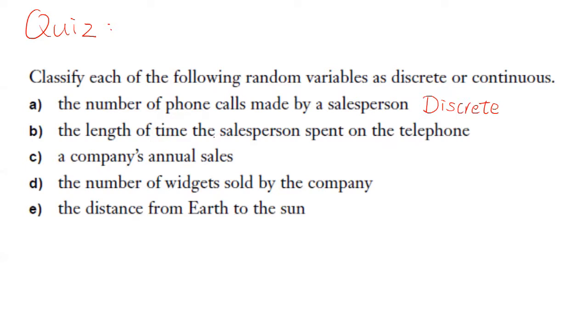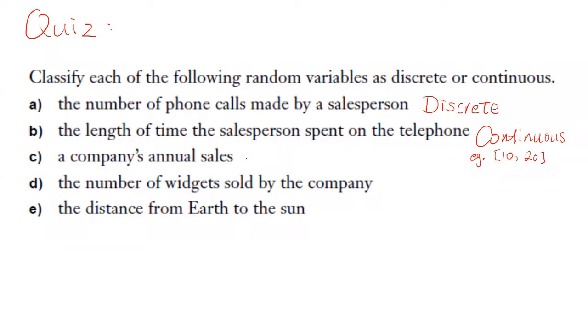The length of time the salesperson spent on the telephone, this is continuous. Because the time spent can be measured to fractions of a second. For example, it could be 10 minutes to 20 minutes. There exists the interval. The length of time can be any value within this interval, right?